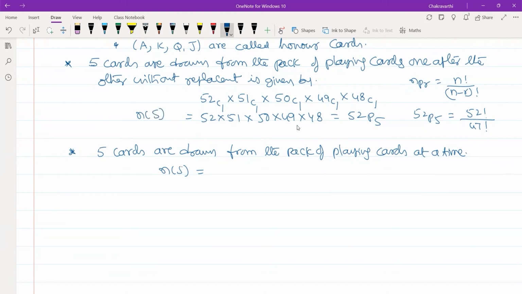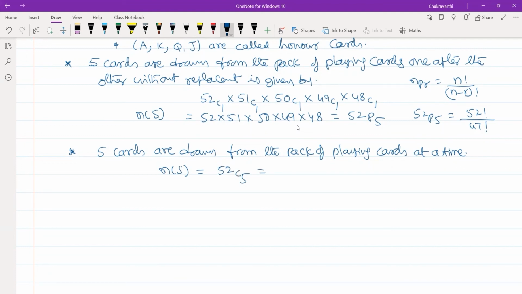But actually there is no action in the next time here. Directly you have to choose the five cards from the pack. From the examination point of view, in solving problems, you have to think like that. You have to select five cards from this one. But in this case, you have to choose combinations, 52C5.